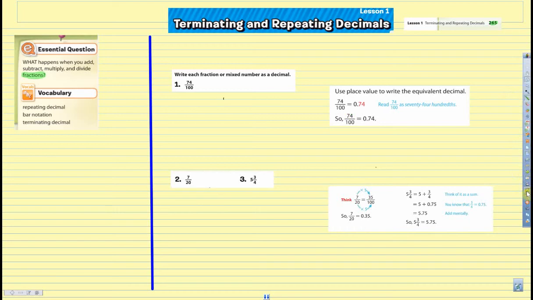Okay, so our first item up is our first example, and they give us 74 hundredths. They talk about writing this number as a decimal. So we kind of have to know a little bit about decimals. So a little bit of review here. Here's your decimal. And we're going to talk about a little bit of place value here.